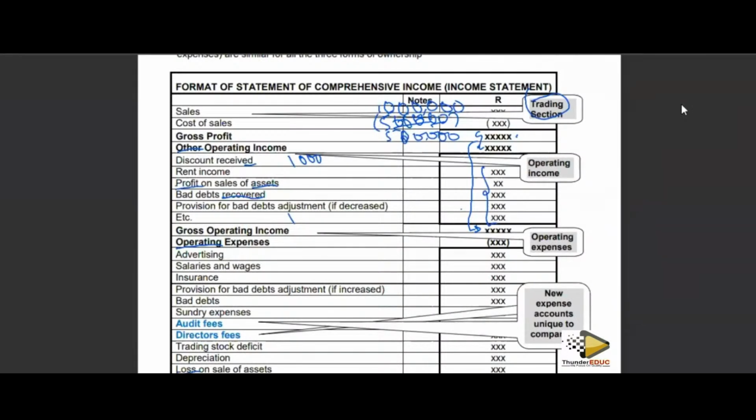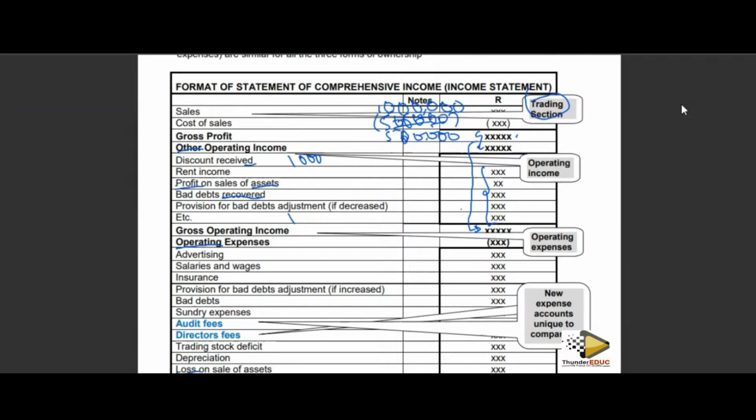Now look at, for example, advertising. This is an expense. Salaries and wages, insurance. Remember, this is just an example. When you pay for advertisement, you want to advertise your business so that people know it well, so you have to pay money. For example, you put an advert on the radio.